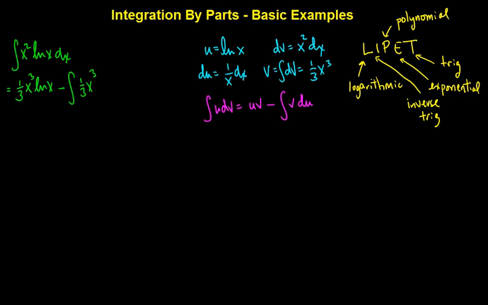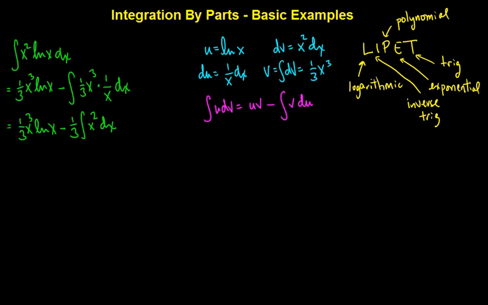And that looks a little complicated, but actually it simplifies pretty well. The x cubed over x is going to give us x squared, and we'll bring out the 1/3 for a final form of 1/3 x cubed ln of x minus 1/3 times the integral of x squared dx.